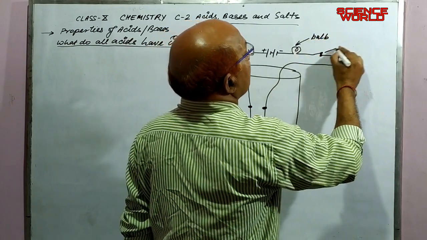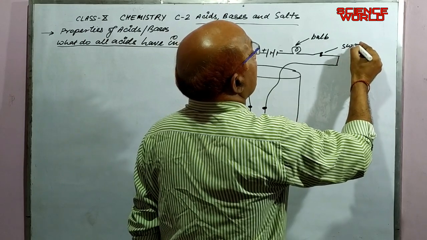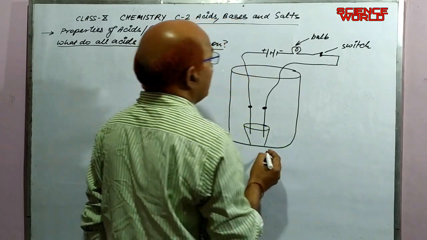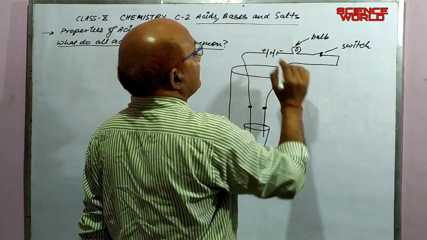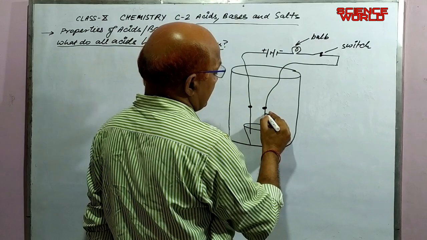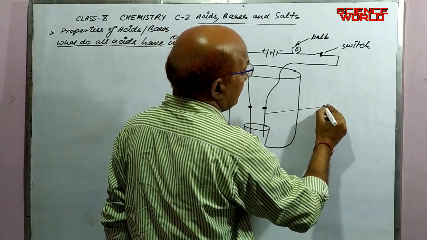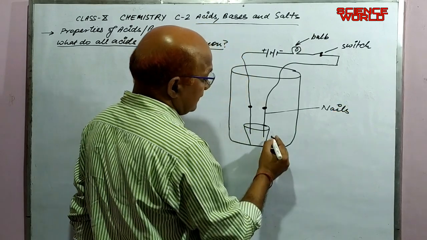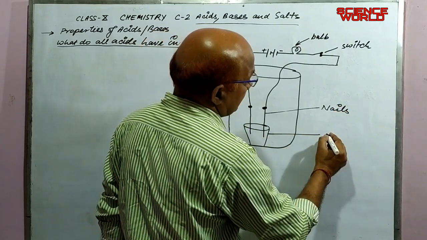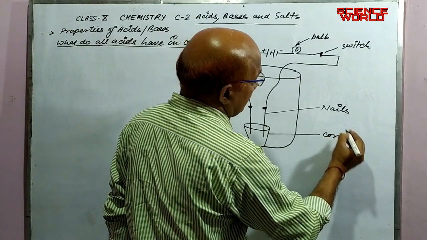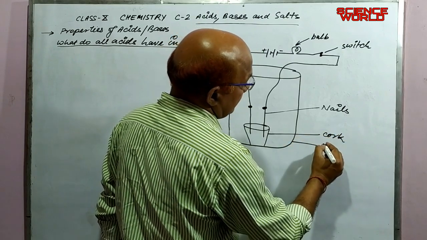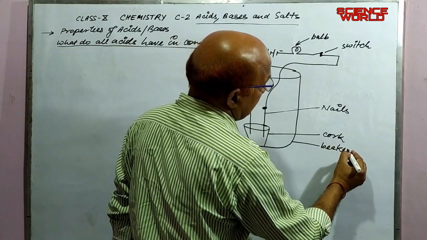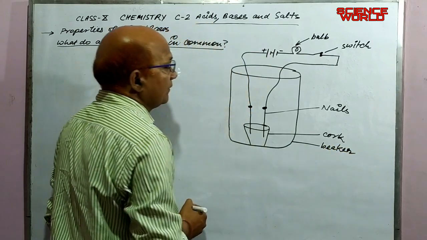This is bulb, this is switch and this is battery. These are the nails, iron nails, this is rubber cork and this is beaker. Okay.